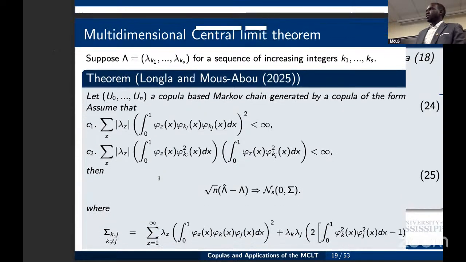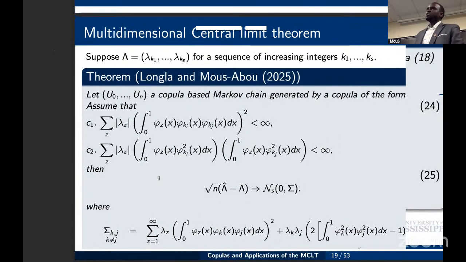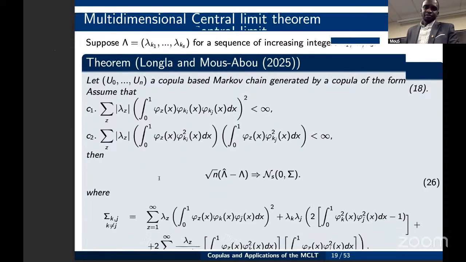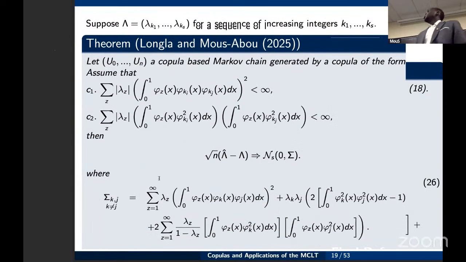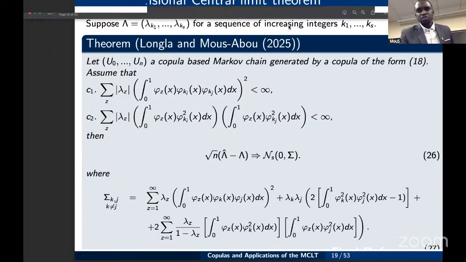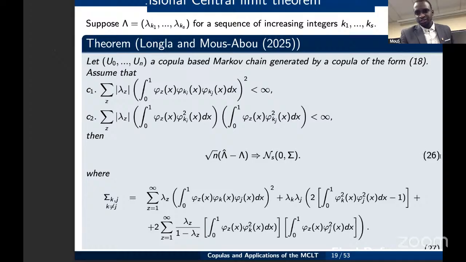So this theorem is the multivariate central limit theorem. So we assume that we have a vector of estimates, lambda k1 till lambda ks. And we established that it verifies the central limit theorem given by equation 26.